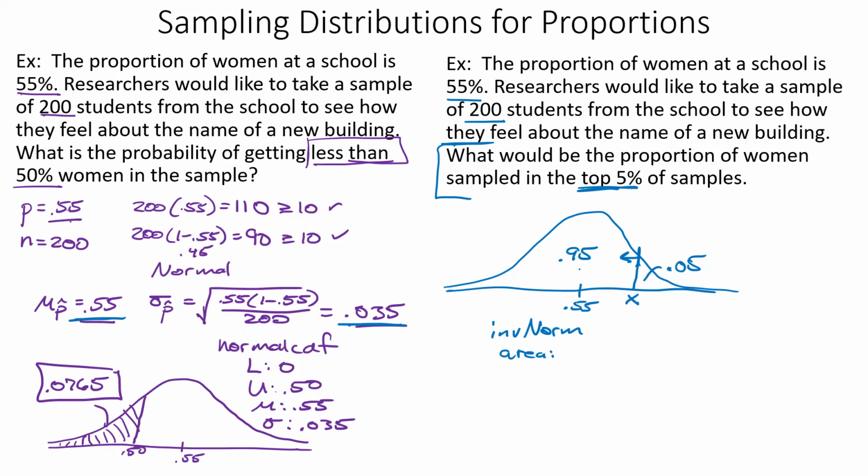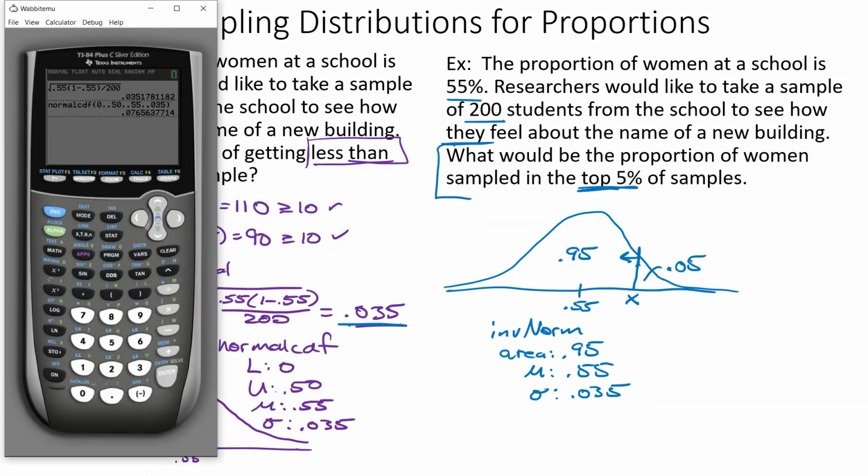All right, so we got 95% here. The mean is still the 0.55. The standard deviation is still the standard deviation we calculated over here, 0.035. And now we can see what percent would be the top. It's going to be close to 55 because that was close to 5%.